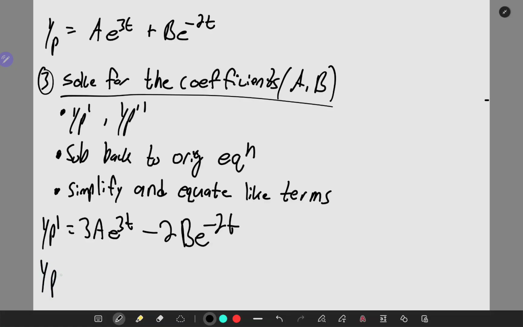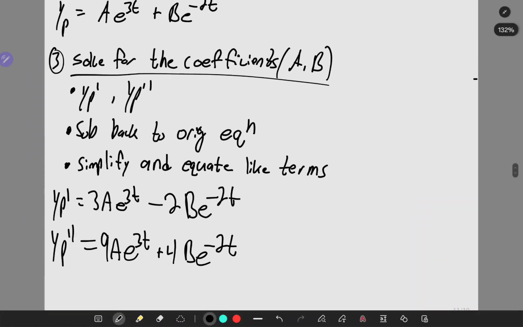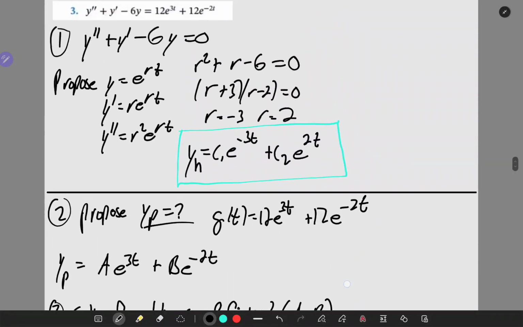Now, yp double prime, that's 9a e to the 3t plus 4b e to the negative 2t. Now let me just check those really quick. Yep, we're good. So now we have our yp prime and yp double prime. Now we're going to substitute those back into our original equation up here.